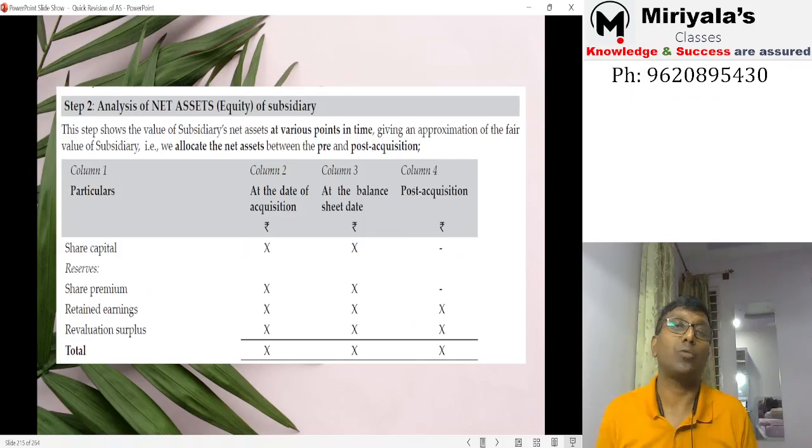Same way with post acquisition profits. If 200 rupees of post acquisition profit has come, 80% will be taken in step number 5, and 20% I will take as minority interest under step number 4.